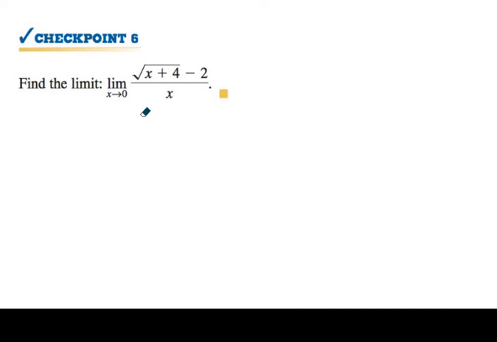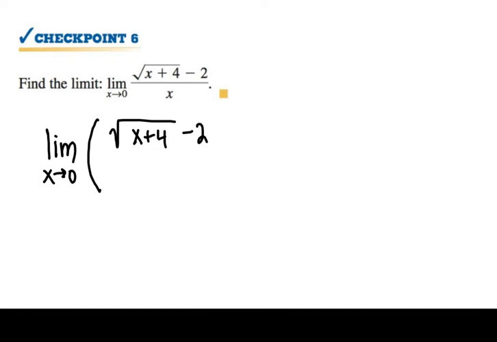Therefore, we're going to rationalize the numerator. So we've got the limit as x approaches 0 of the square root of x plus 4 minus 2 over x. And now we're going to multiply by the conjugate of the numerator.